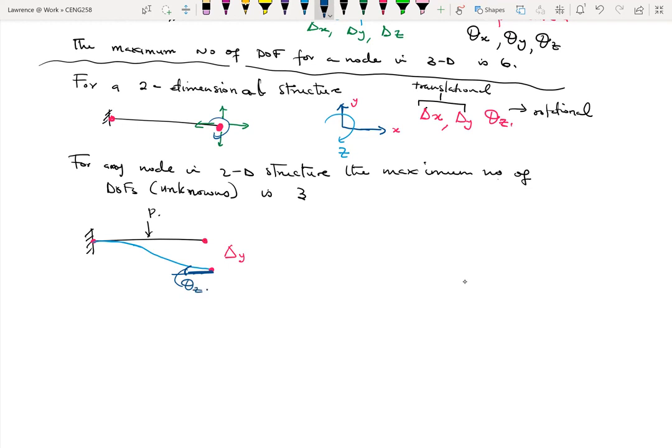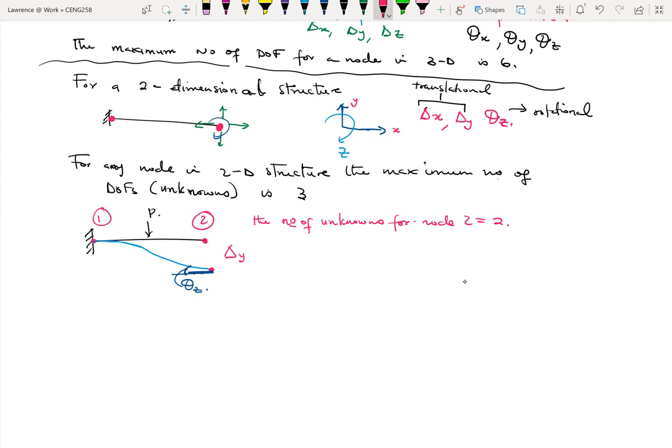So this particular node, node 2, has undergone two displacements, one translational and then one rotational. So the number of unknowns for node 2 is equal to 2. Now let's come to node 1.